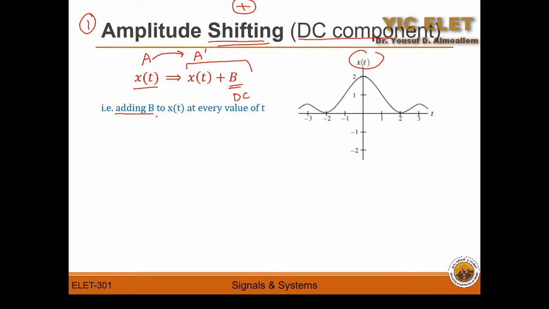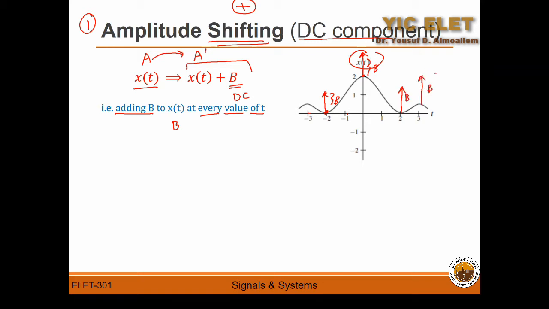So adding a constant to a signal means that we are adding to the value of x the value b, which is constant, at each and every value of t. So at each point, whatever value it is there, we will add b. Then at this point we will add b with the same distance, and again doing the same here, b, and there, b.